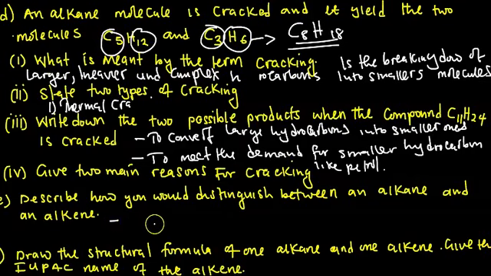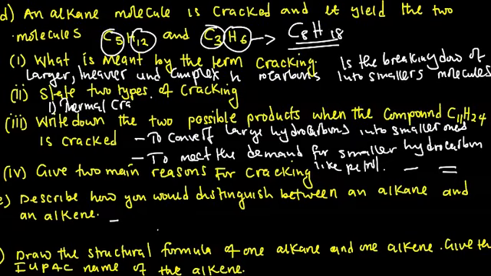In terms of their tests, how do you test for alkenes and how do you test for alkanes? For you to know, alkanes are non-reactive. In short, they are saturated, whereas alkenes are unsaturated. In terms of their bonds, alkanes have a single bond, but alkenes have a double bond, which can break and allow the attachment of atoms to it, making it reactive.